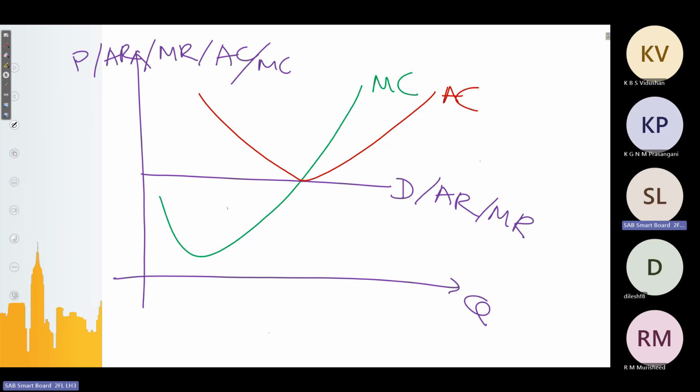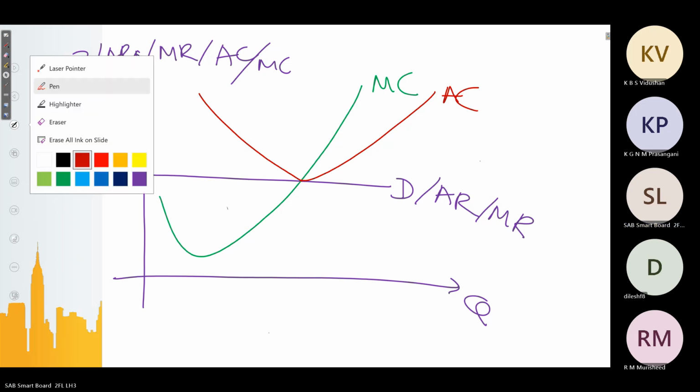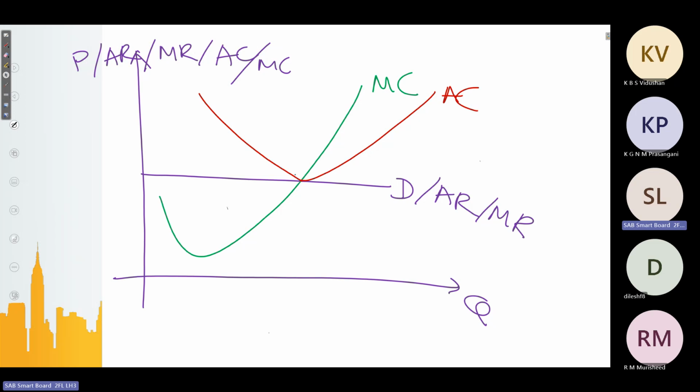Profit is maximum at this point, where marginal revenue is equal to marginal cost. At the same time, the slope of marginal cost is greater than the slope of marginal revenue. Therefore, this is the profit maximizing output level.